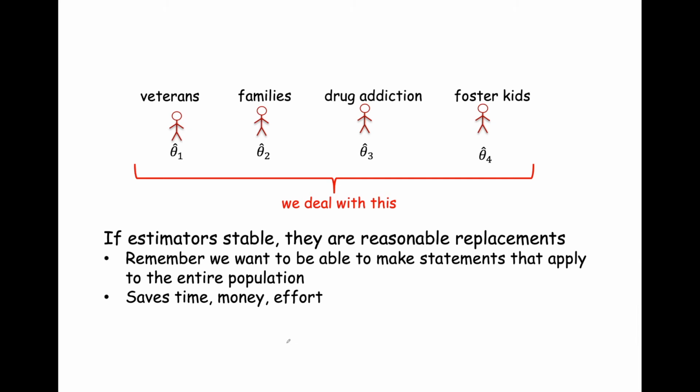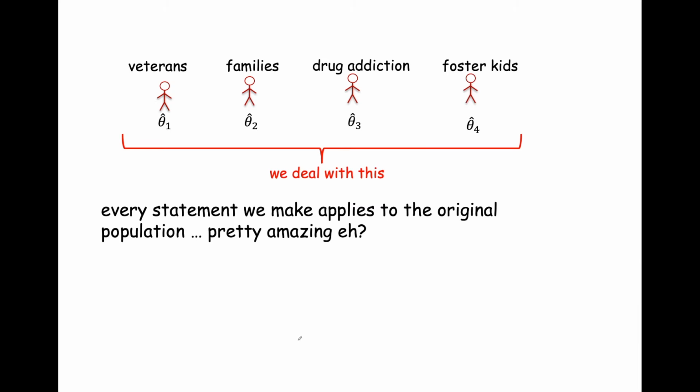I think this was pretty amazing. I remember the first time I learned this, I thought, oh, wow, that's quite amazing. That just by doing things the quote-unquote right way, what you do know from the data, our theta hats, will apply well to what you don't know about this population, all of these theta values.